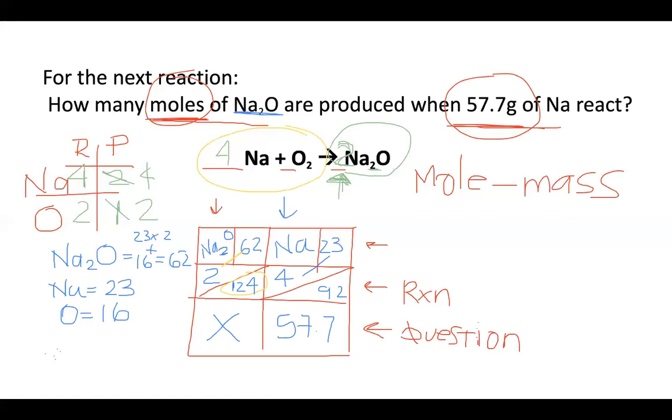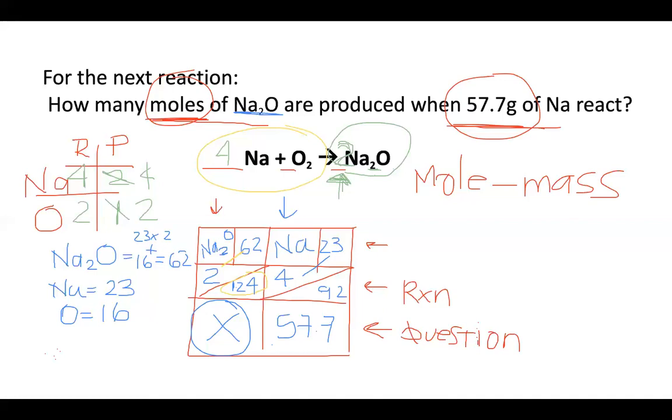A very important thing to point out is that what we are going to get from this X is going to be grams, because we are multiplying grams of Na times grams of Na2O divided by grams of Na. So our answer will be grams. If they are asking me for moles, I then have to change it to moles.